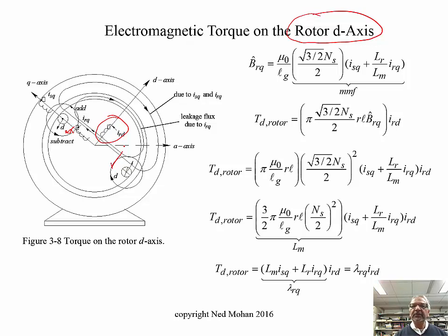So we can calculate what the flux density is due to the current in the q winding, ISQ over here and IRQ over here. That's the flux that cuts these conductors for the d winding on the rotor and produces a torque on this rotor here.